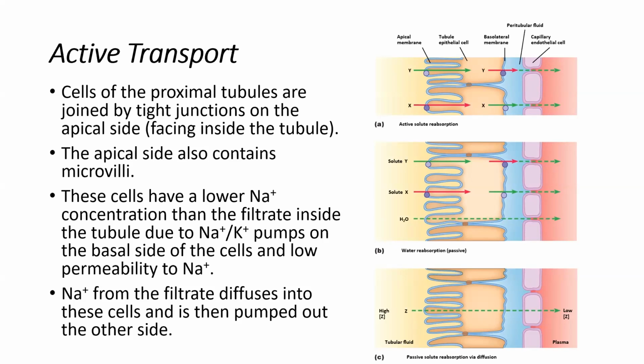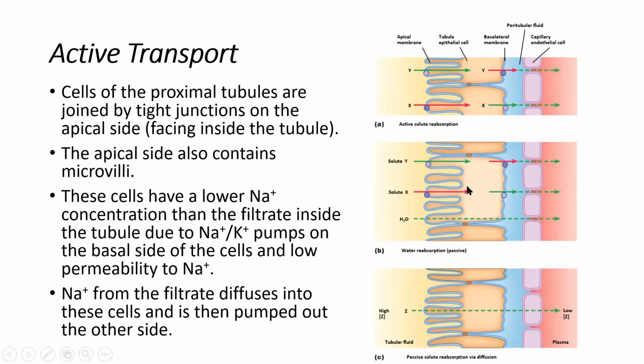We also want to point out that naturally inside of the cells, there is a lower sodium concentration, and that's because of the presence of the sodium-potassium pump on the basolateral surface. If you remember the sodium-potassium pump, it's pumping 3 sodium out of the cell, 2 potassium into the cell. And so it's going to begin to create the deficit of sodium inside the cell.